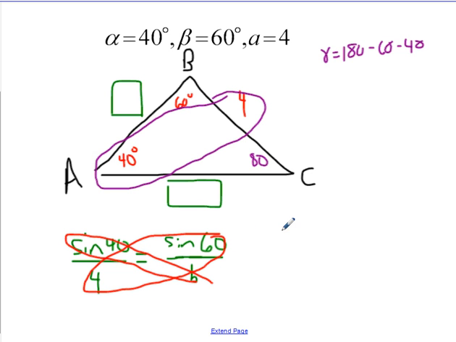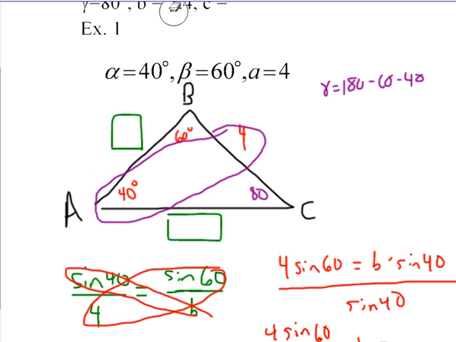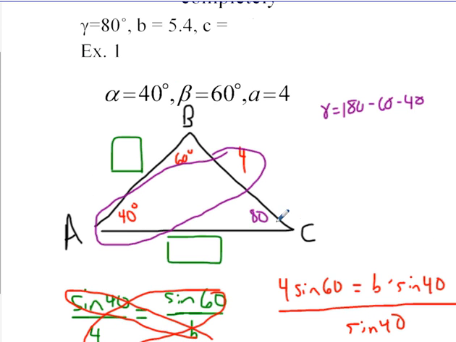So you get 4 times the sine of 60 equals B times the sine of 40. We're then going to divide everything by the sine of 40. So you get 4 sine of 60 over the sine of 40 equals B, which you plug into your calculator and you should end up with 5.4.